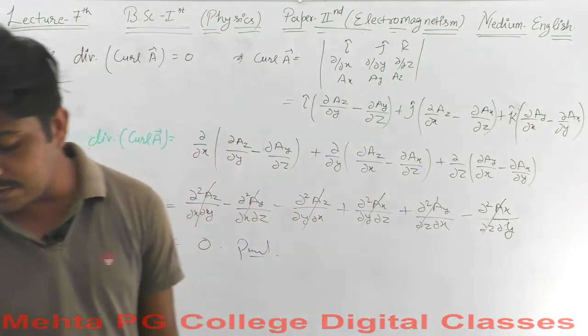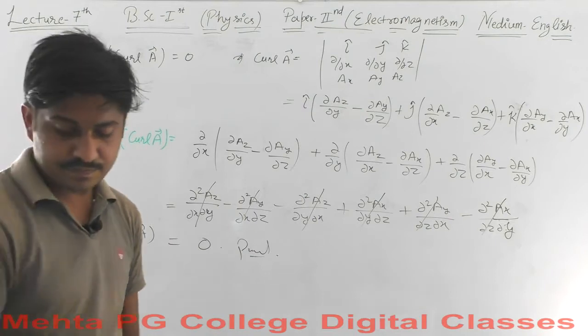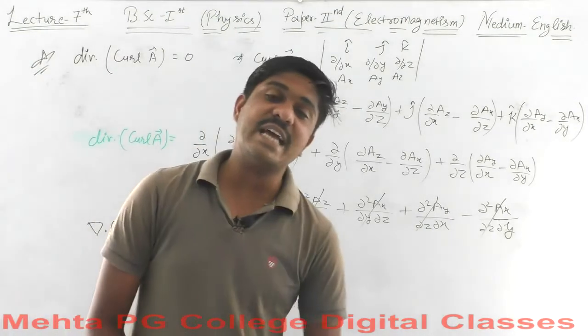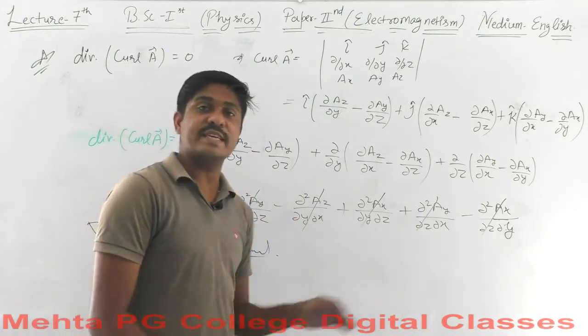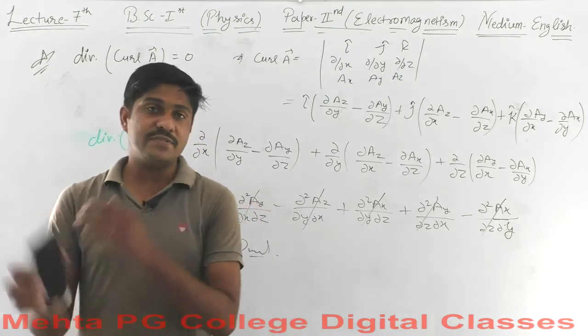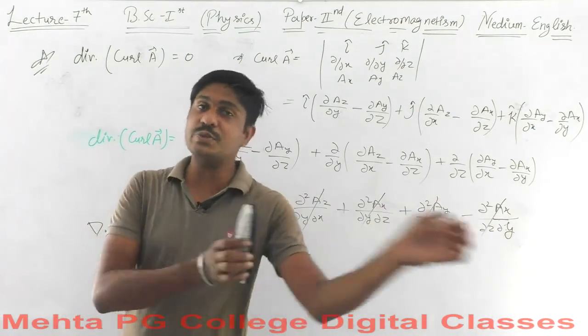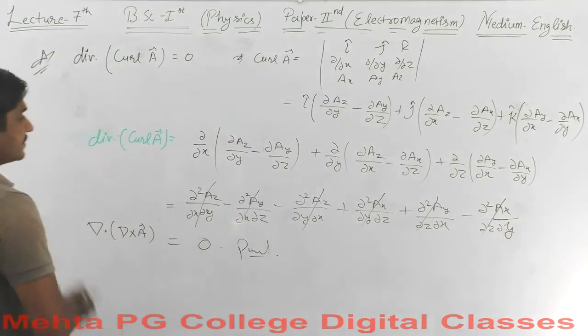So let's proceed further to a new vector identity. This time we are not going to prove that things equal 0, but we will have a certain quantity referring from one dimension to another. Let's find out.